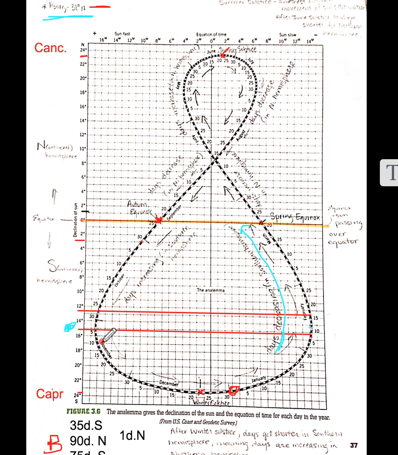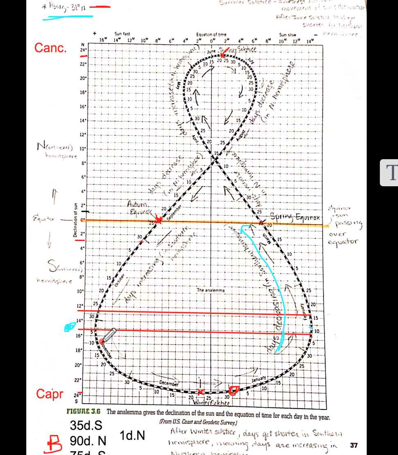Remember how they got this: they took 90 degrees, which is our poles, and subtracted 23.5 degrees. So the Arctic and Antarctic are at 66.5 degrees, and these are areas that are getting either 24 hours of daylight or darkness.